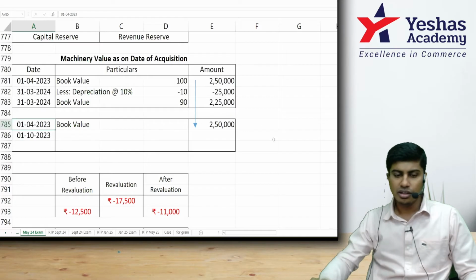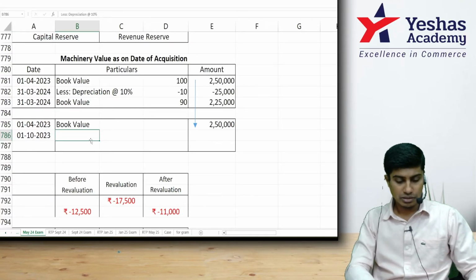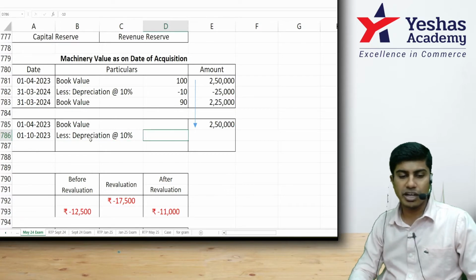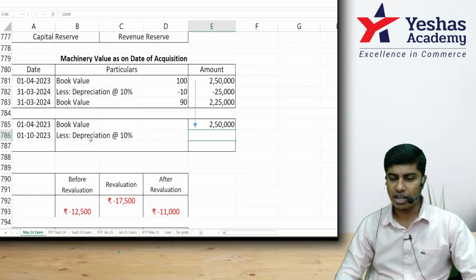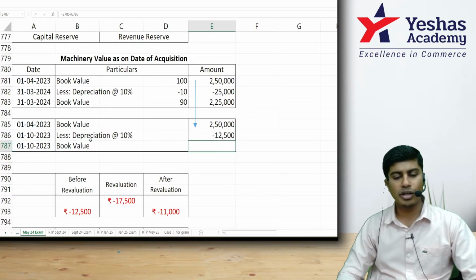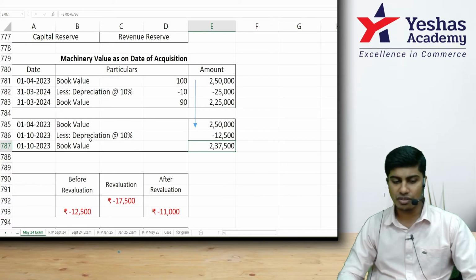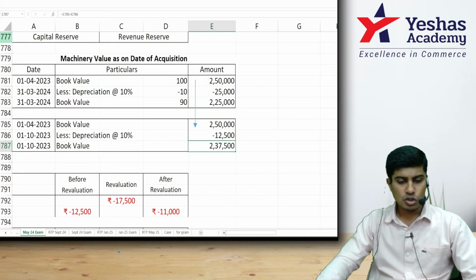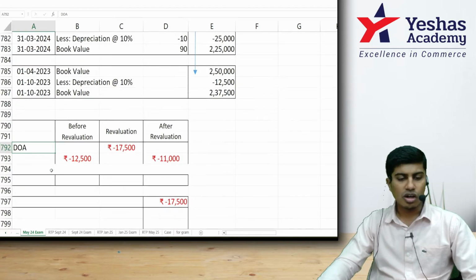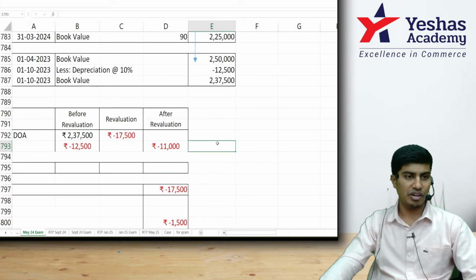Are you getting it? What is the value for depreciation for 6 months? 10% into 6/12. What do we get? 12,500. Then I will get the book value on 1st of October 2023 to be how much? 2,37,500. Understood? So the value of the asset on the date of acquisition before revaluation is 2,37,500.